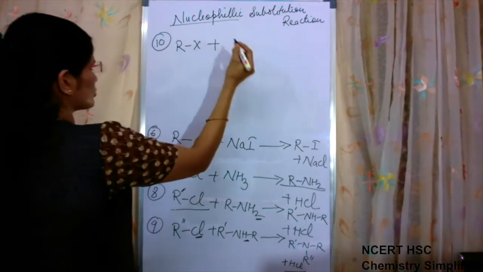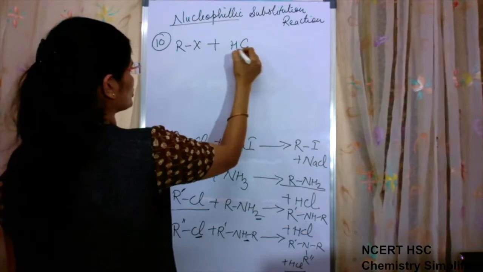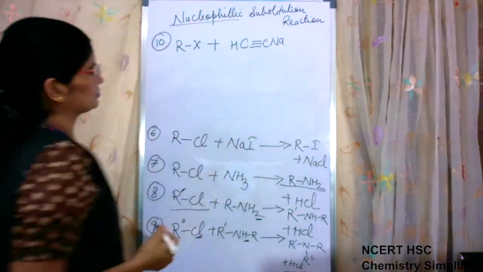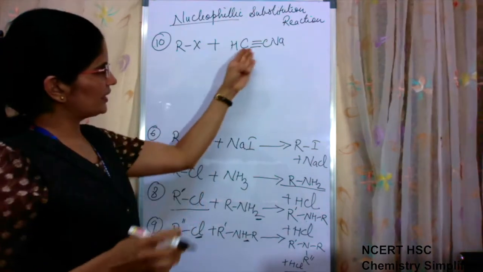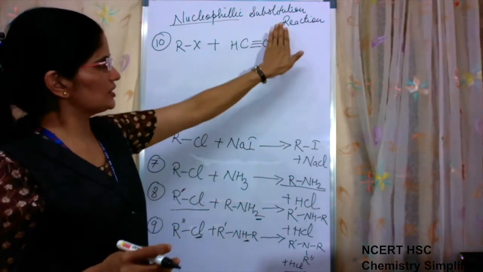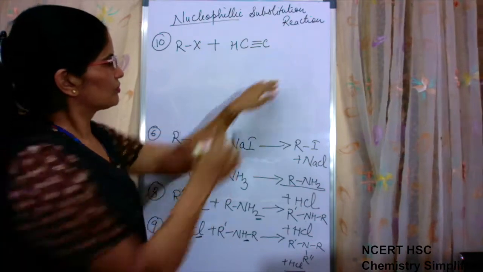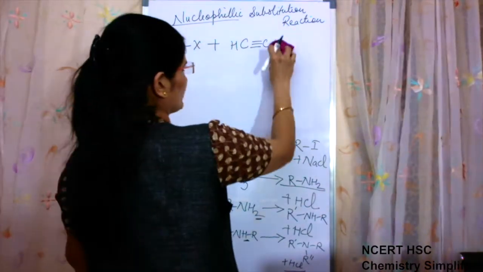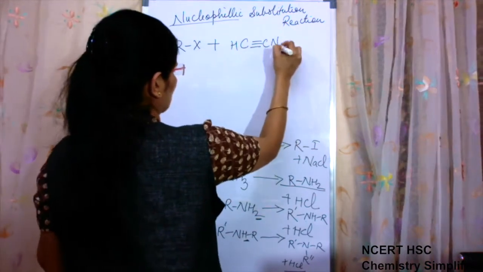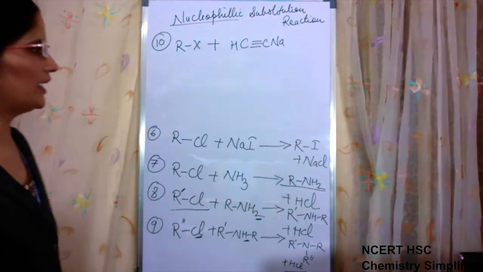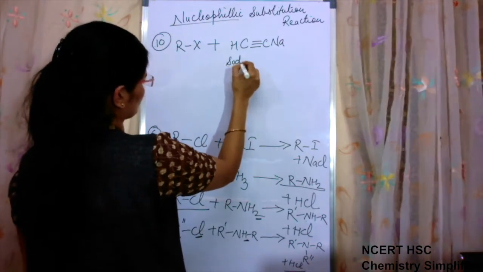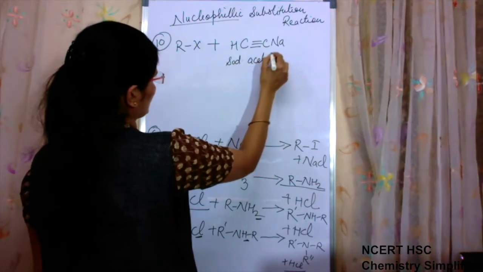RX can also react with CH triple bond C Na. See, this is acetylene CH triple bond C. If here is H, so this is acetylene or ethyne we call it. One of its H is replaced by Na. Then it will be known as sodium acetylide.